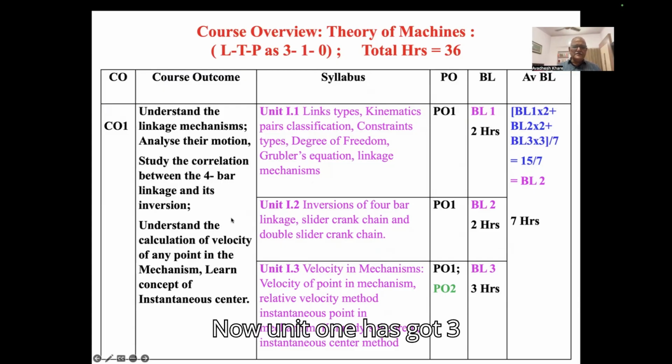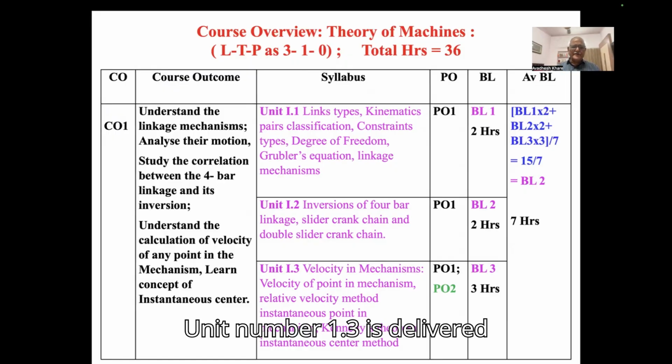Now unit 1 has 3 components, unit 1.1, 1.2 and 1.3 in the syllabus. 1.1 is delivered at BL level 1 for 2 hours in the semester and addresses PO1. Unit 1.2 is delivered at BL level 2 for 2 hours and addresses PO1.